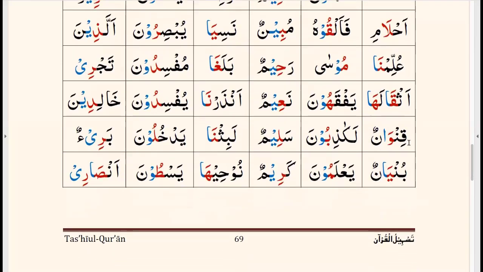Okay, let's carry on to this word here. Can you spot the Alif Madiyah? After wa. Well done. Do you want to try and pronounce the vowel? Wa. Very nice. Okay, and have a go at the whole bit.